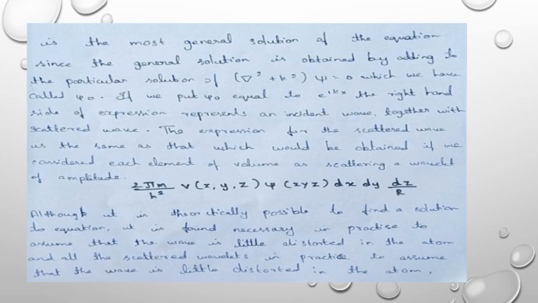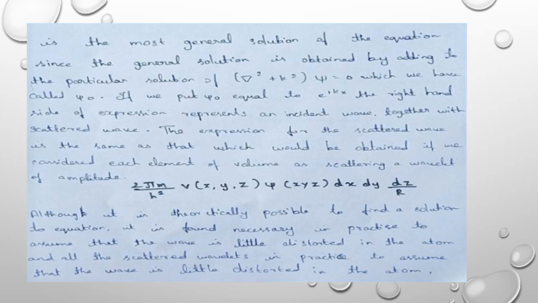The expression for the scattered wave is the same as that which would be obtained if we regarded each element of volume as scattering a wavelet of amplitude 2 pi m by h square V of xyz psi of xyz dx dy dz by r.